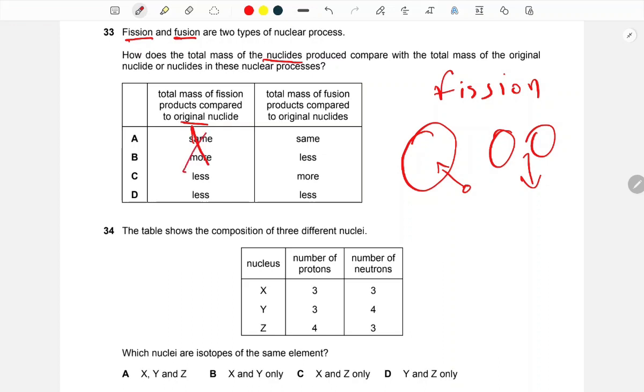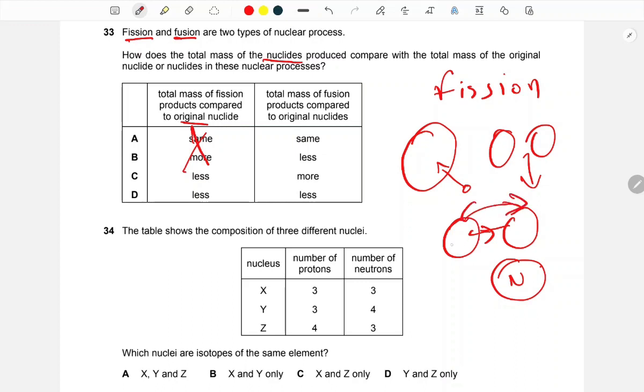And then for nuclear fusion, what happens is we have two nuclei, and then those two would join together to form one big nucleus. But this nucleus has less mass than the two combined.